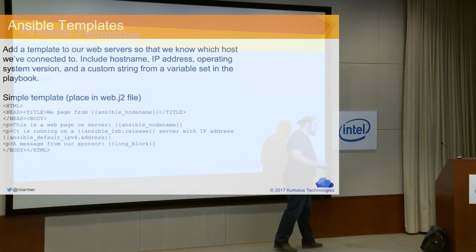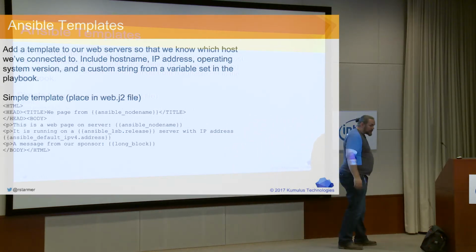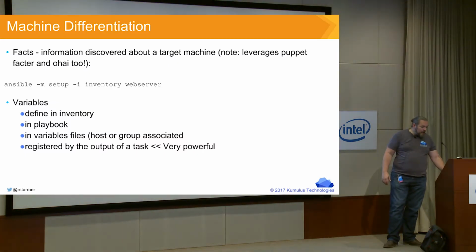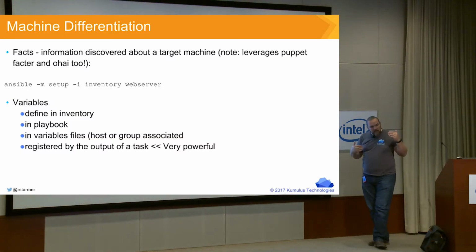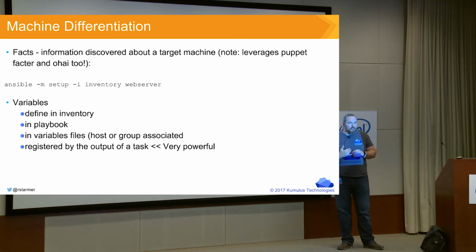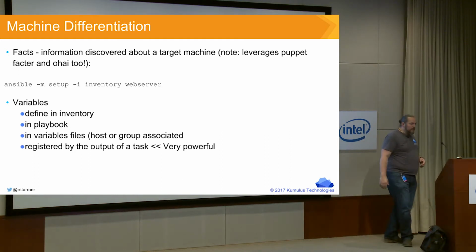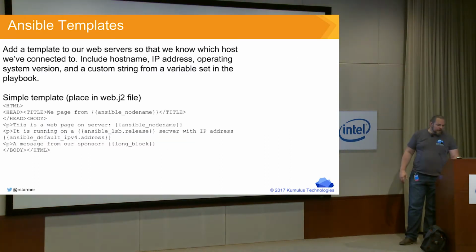Finding those parameters is actually what that setup command that I listed earlier can help you with. Because if I run this command, I will actually get all of the lists of facts that the system knows at the start of an Ansible run. I can add facts, I can make facts up as I go, but that's the basic information that I would learn. Right? And then I can take that information, and I can drop it into a template like this, and now my web server that's running has a templated address.